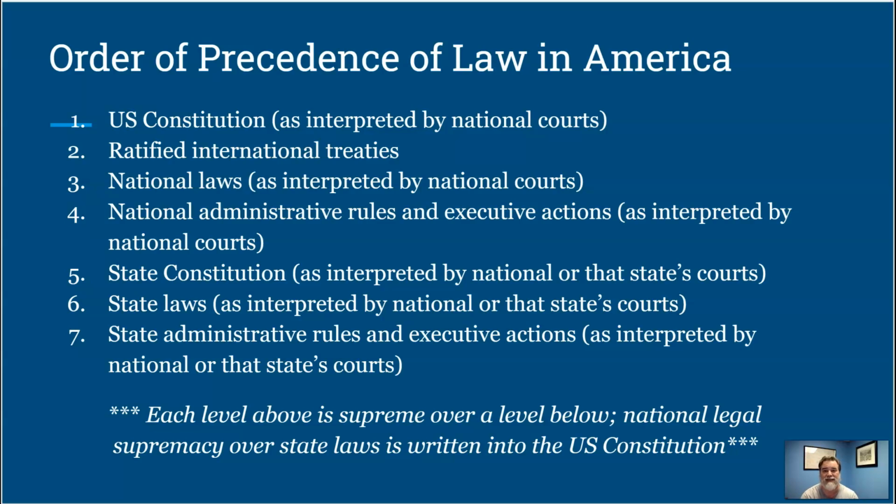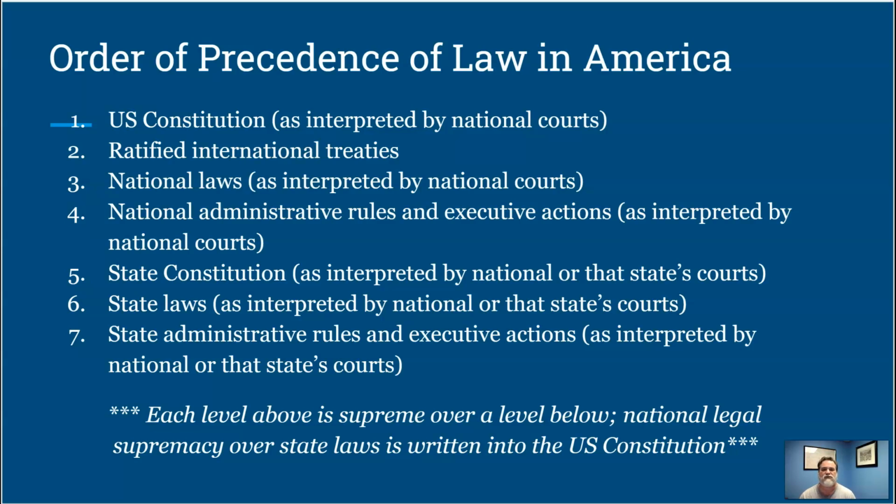Okay, so we were talking about this idea of the order of precedence of law in America. Basically, constitutional laws are at the top, as interpreted by the national courts, then international treaties, and then national laws passed by the legislature, signed by the president, as interpreted by the national courts. And then, of course, national administrative rules and executive actions.